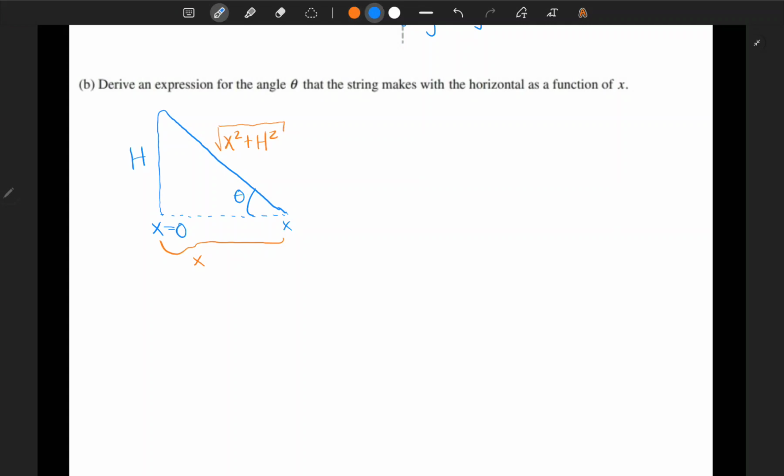Then if we wish to use sine as the trigonometric function, we would have sine theta is equal to the opposite side length, h, over the hypotenuse, which here is square root of x squared plus h squared. Alternatively, we could use that the cosine of theta is equal to the adjacent side length, which is x over the hypotenuse, which is the square root of x squared plus h squared.